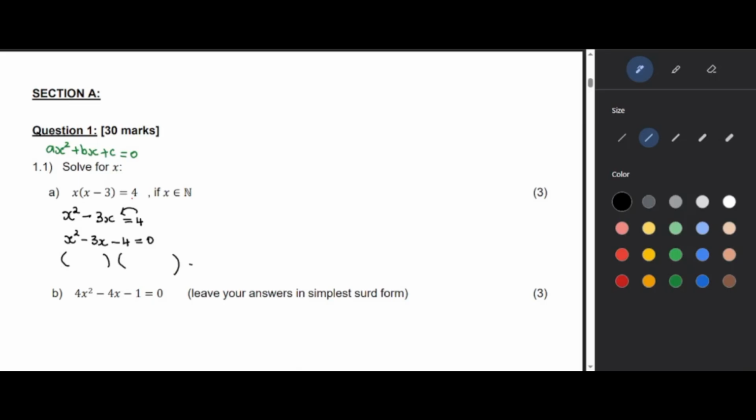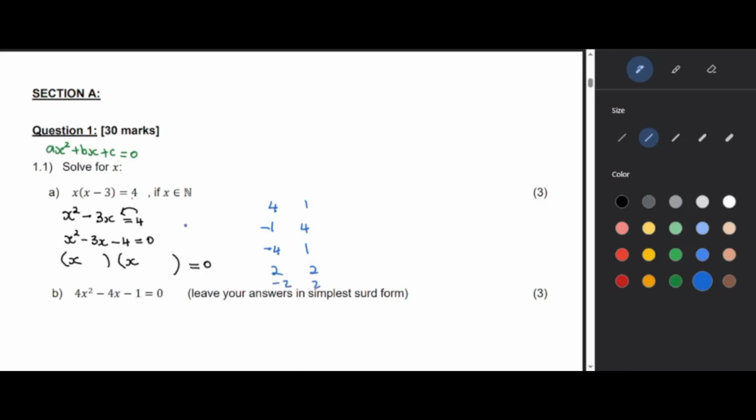When we factorize, x squared minus 3x minus 4 is equal to 0. What do you get? This will be x. We need the factors of 4 that when we add or subtract them will give us the middle term of 3x. We list the factors of 4: 4 and 1, or 1 and 4, the 1 can be negative, like minus 4 and 1, or we can have 2 and 2, minus 2 and 2.